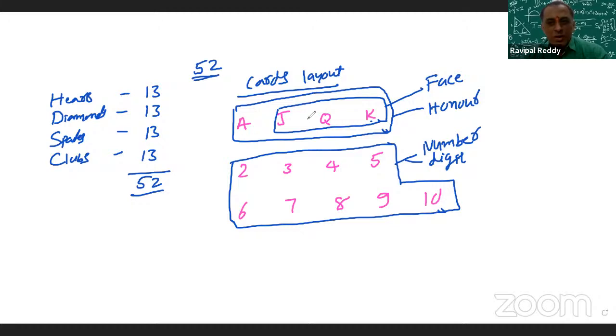J, Q, K cards are known as face cards, but each suit has three face cards. Therefore, four suits, 4 into 3, 12 face cards are there. Very good.